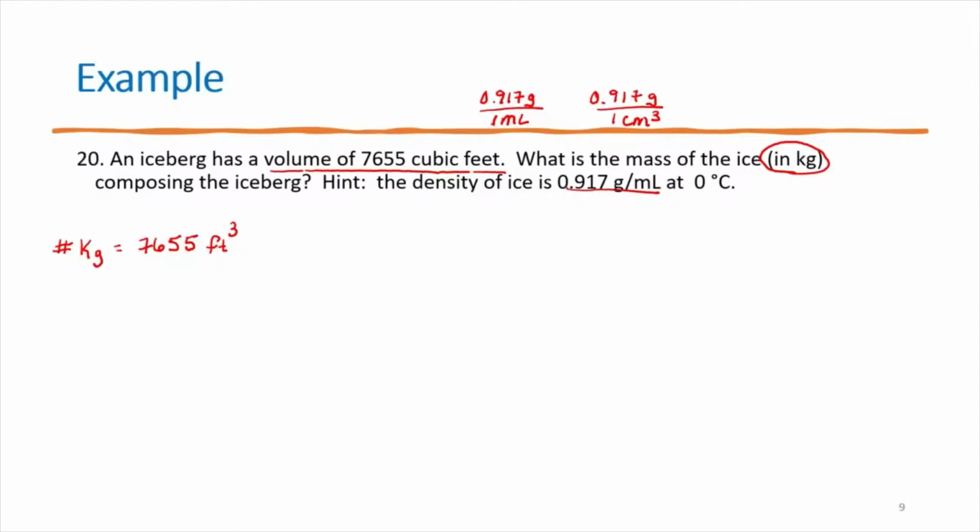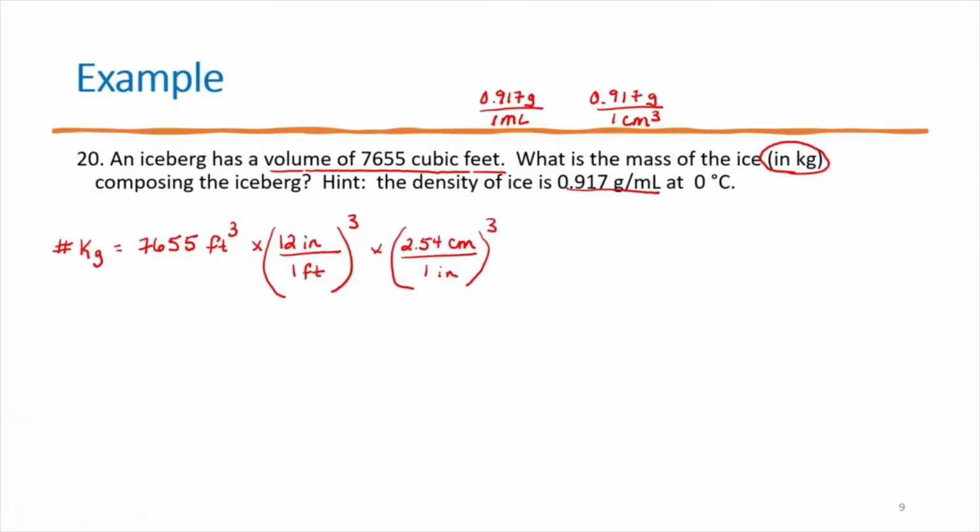So I'm going to go ahead and get my value to inches. So I'm going to multiply this by 12 inches to 1 foot. Make sure to cube that. I need to cancel out those cubes. And I know there's 2.54 centimeters for every 1 inch. Again, cube this quantity.